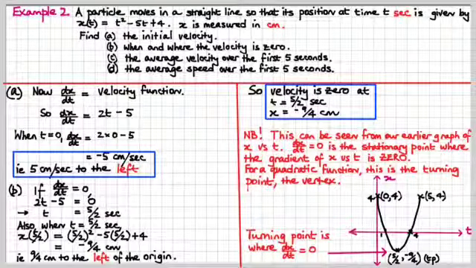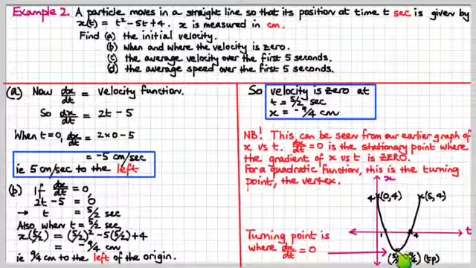Yes, there it was. You see? And we worked it out when we were interpreting the graph, that this is the point where it turned around. It got from this position here where x was 4 at t equals 0, came down here, negative, negative, and to there, that's the point where it turned around. This was the point at which it stopped going to the left and started going to the right.